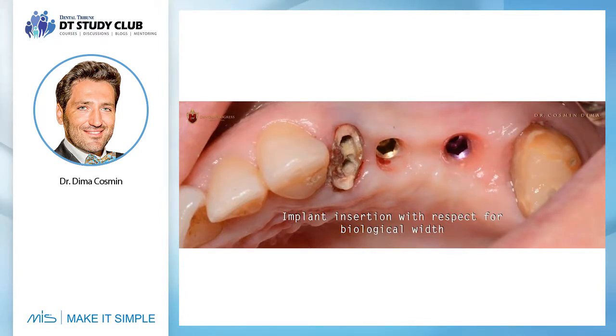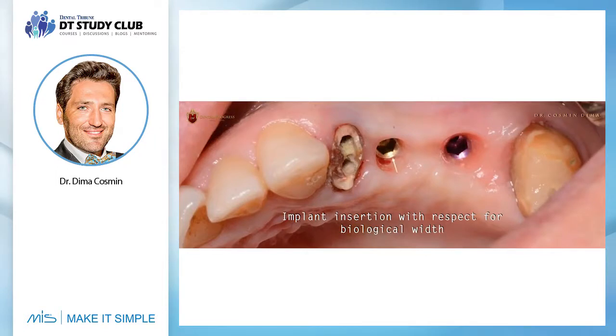This is very important for the long-term stability. Otherwise, if we have here a thinner biotype, we have to rethink the implant insertion and maybe use 2 steps for bone augmentation into the sinus, first of all, and after that to insert it a little bit subcrestal, and then to make the final restoration.